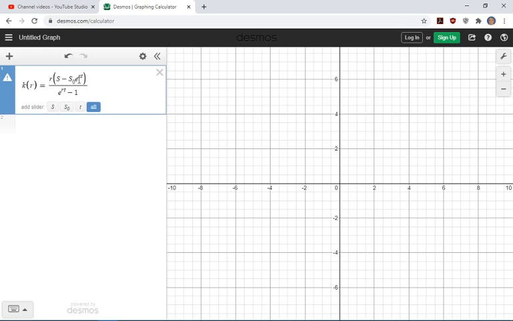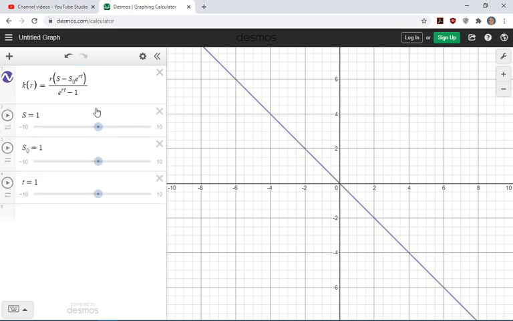Okay, so now I corrected it. It says, do you want sliders for S, S0 and T? Well, I'll say yes. It understands that I want to treat R as my main variable. I kept R as my variable because the problem is asking you to investigate 3 different interest rates.